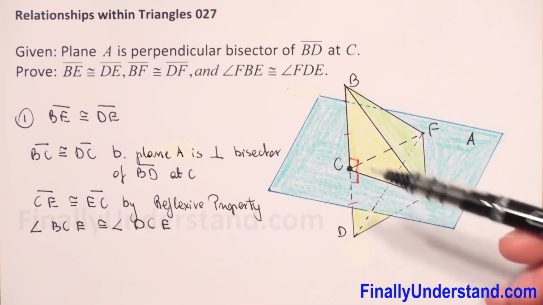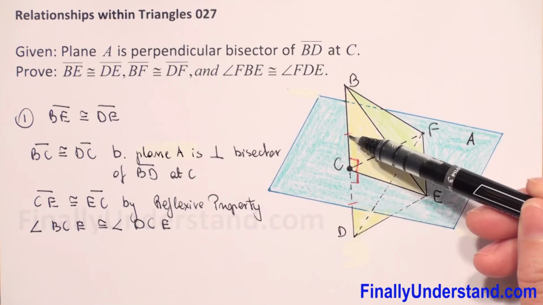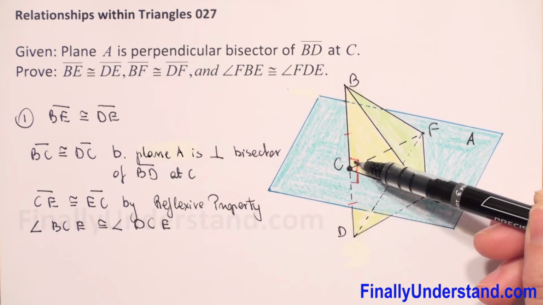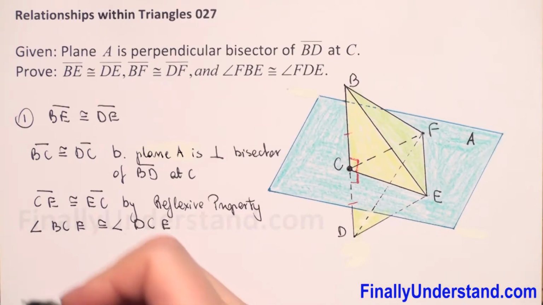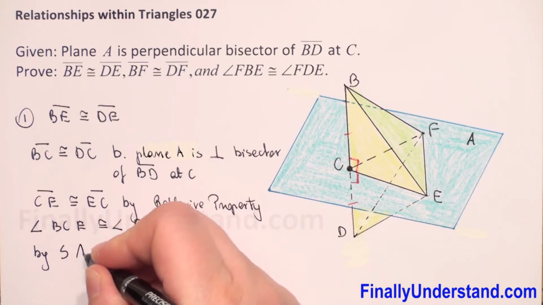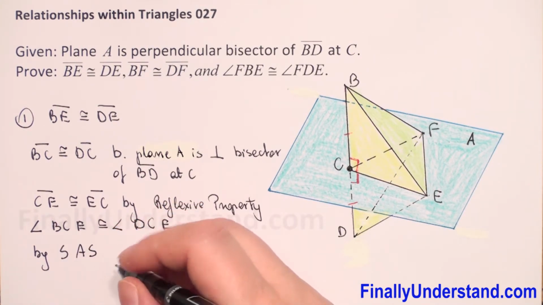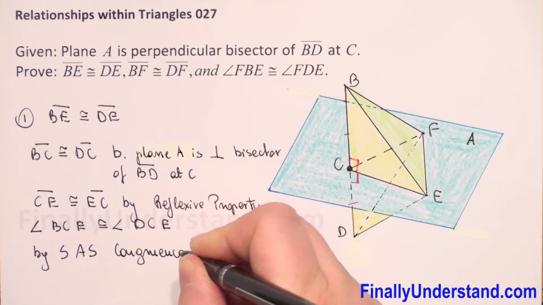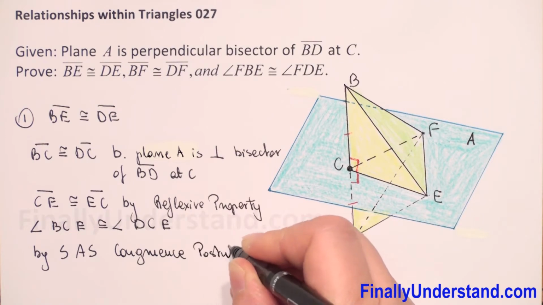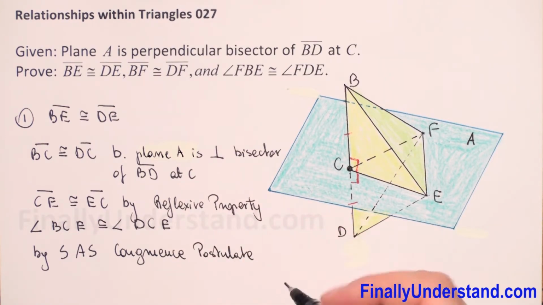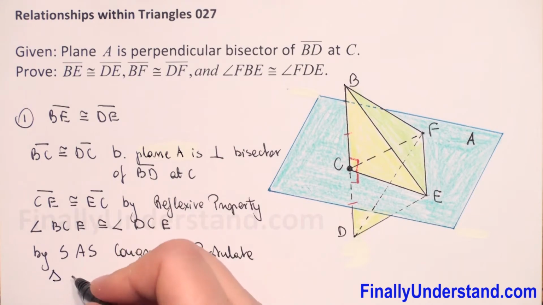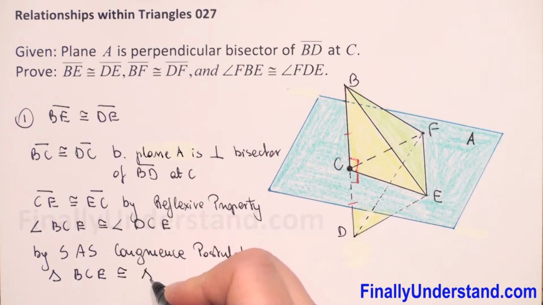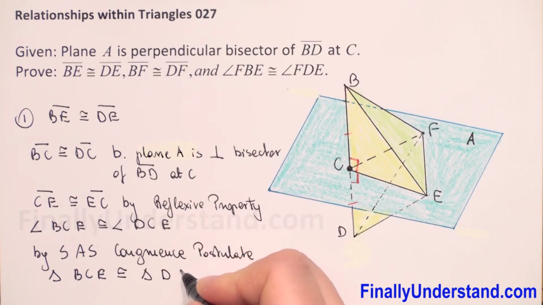So now, we have congruent sides, CE is congruent to EC, and congruent angles, so by the side angle side congruence postulate, we have that triangle BCE is congruent to triangle DCE.